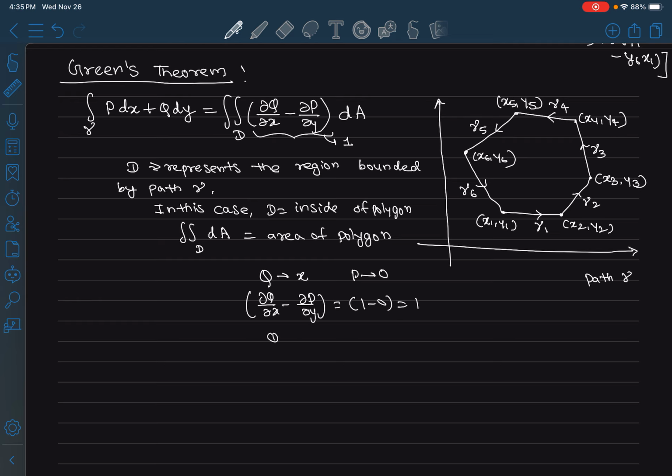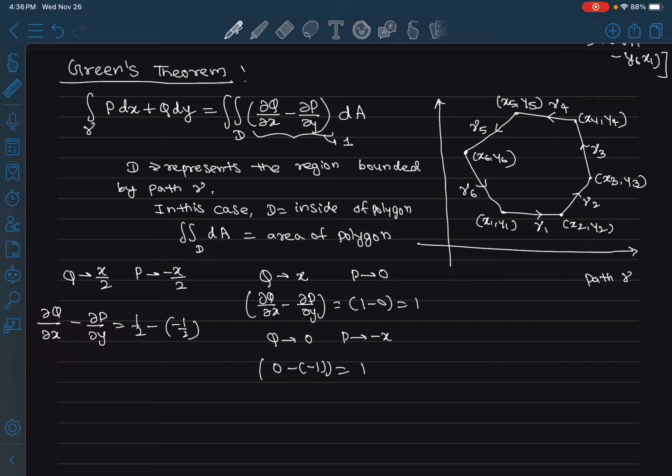You can also choose Q equals 0, P equals minus x. That also gives you 1 minus minus 1, which is 1. But right now, we will choose Q as x over 2 and P as minus x over 2. And that will give us partial Q over partial x minus partial P over partial y to be half minus minus half, which is 1, right? So we will choose this Q and P.